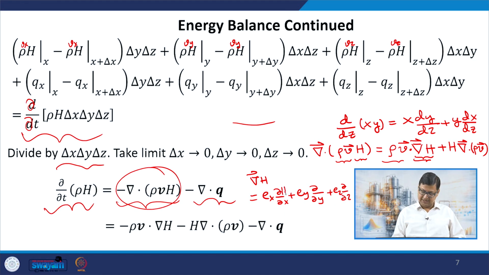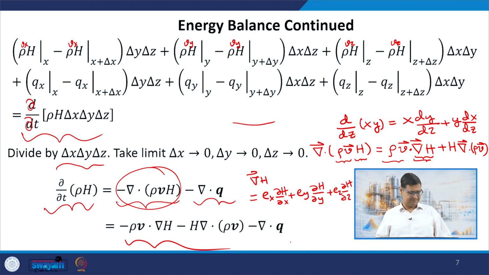So this becomes ex dou h by dou x, ey dou h by dou y, ez dou h by dou z. So we will essentially get a vector quantity del h, right? And del dot rho v is whatever we have seen earlier, right? So just be careful in expanding it, and whenever you have doubt, you can always expand and see that whatever expression I have got here is indeed correct.